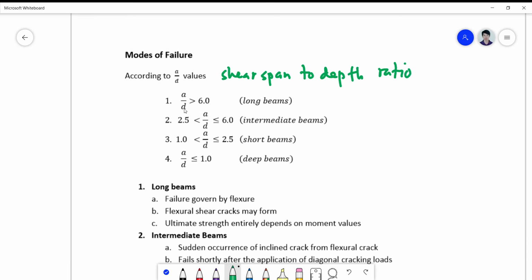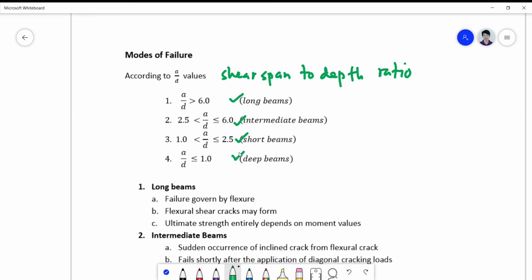A over D greater than 6, the beam is long. A over D in between 2.5 and 6, the beam is intermediate. A over D in between 1 and 2.5, it's short. And A over D less than or equal to 1, it's deep.